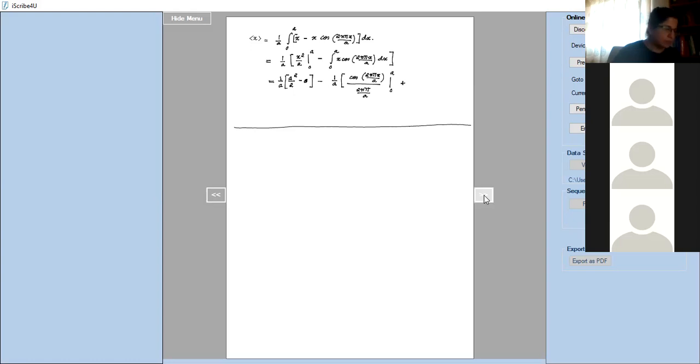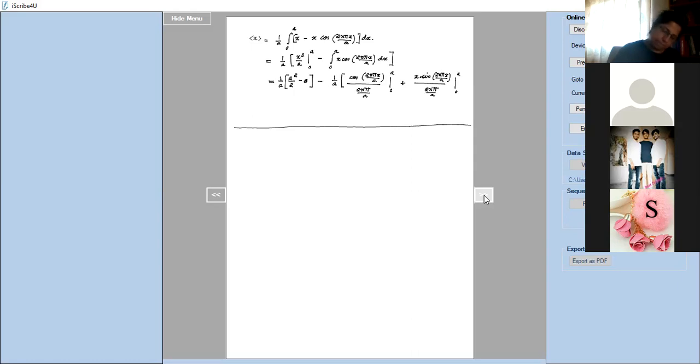Okay. For some reason, I've written it like this. I don't know whether this is correct. It's the integration of cos. Yeah, but I've done it by parts.